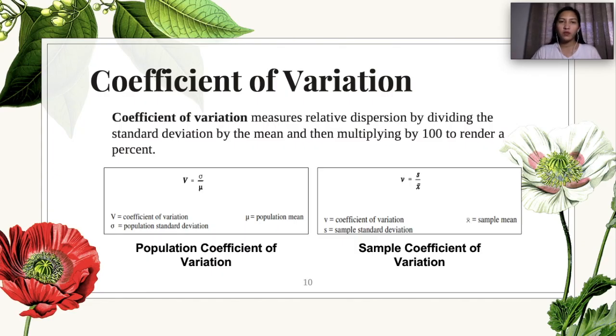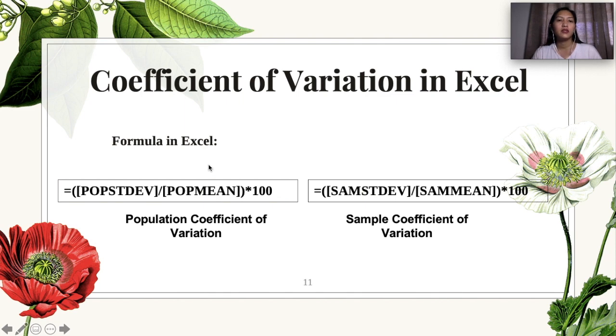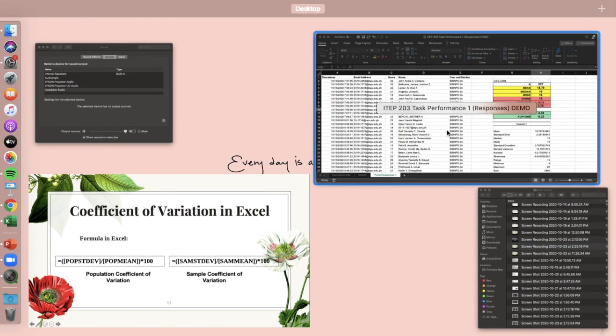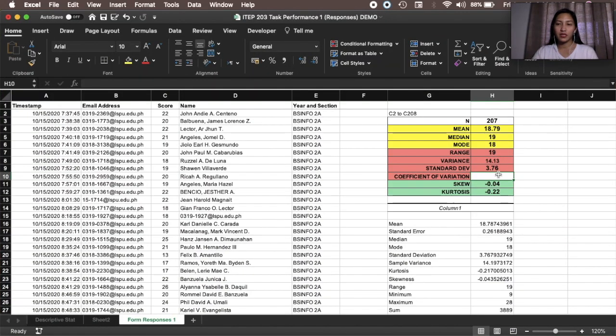Again, by the way, hindi ko pala na-discuss yan yung coefficient of variation. Ang coefficient of variation, siya ay kinukuha using the standard deviation divided by mean, multiply it by 100. So, I have here an example, yung example pa din natin na data.